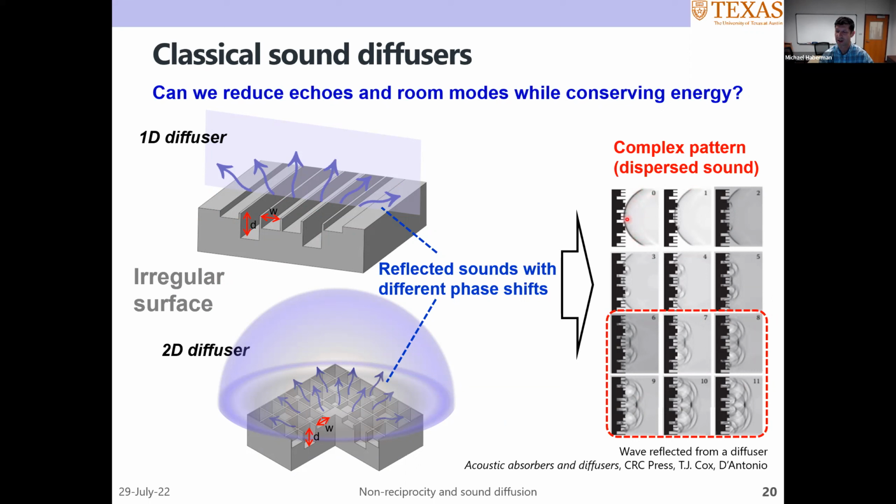Here's a nice image out of Cox and D'Antonio's book, where you have an incident spherical wave, then the Schroeder diffuser, and then, as it progresses forward in time, different wavelets of outgoing pressure field. This is a Schlieren image. You can see that the sound gets dispersed both in space and time, which makes the energy more randomized. So you don't get coherence and perception of echoes and other standing wave behaviors.